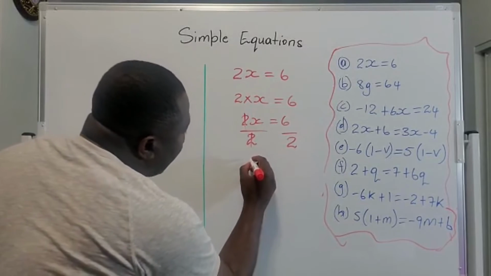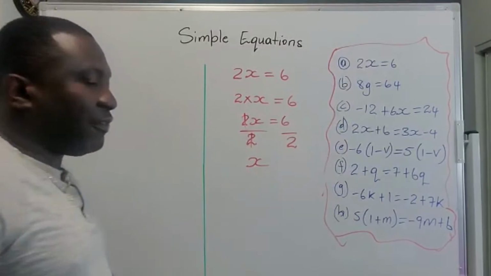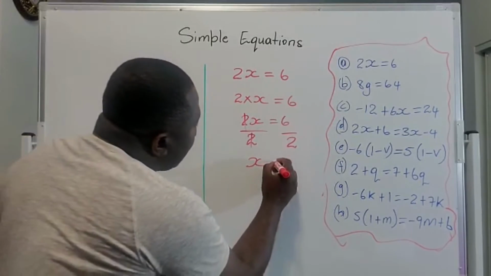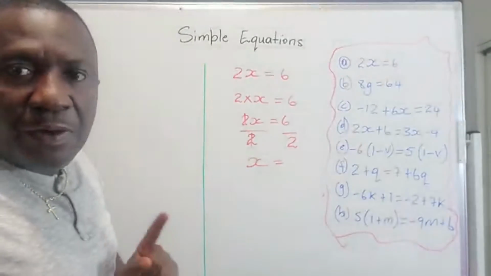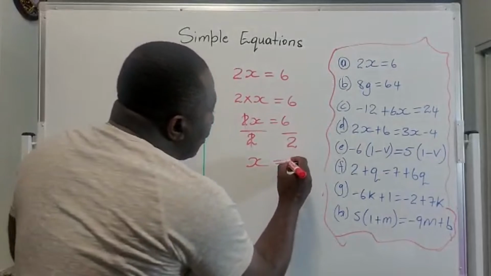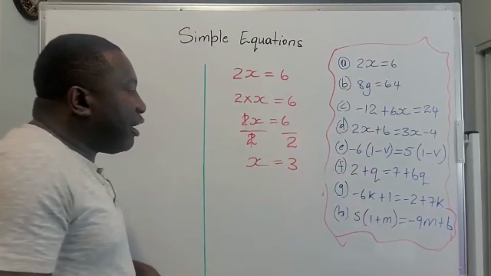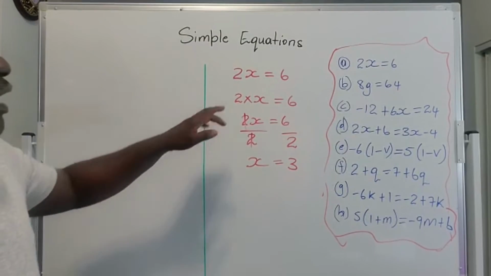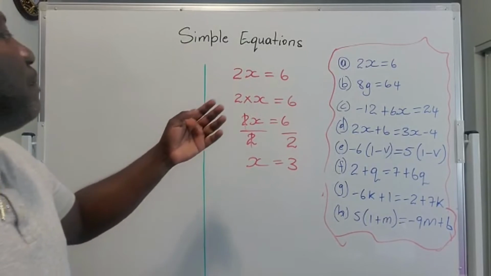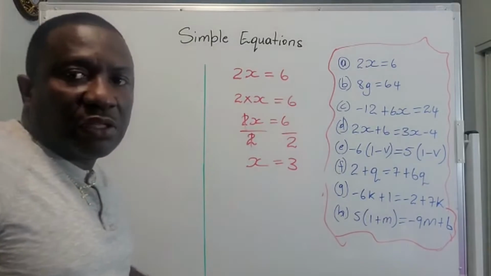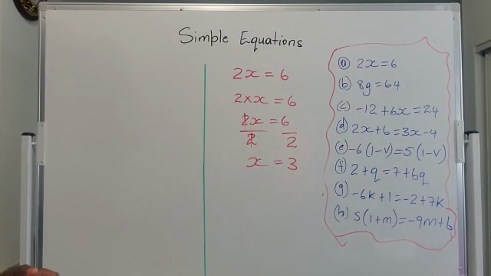Hence, we are left with x on our left side. And if we divide 6 by 2, our final outcome is 3. So we have proven here, guys, that x is really 3. 2 times 3, our result is 6.